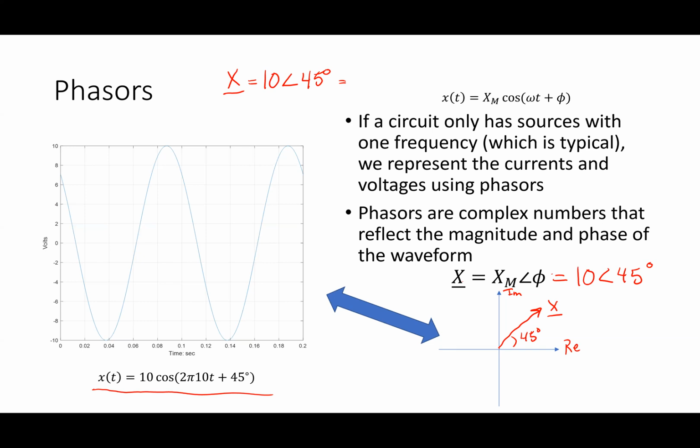Well, you can just say X and Y using R cosine theta and R sine theta. So the real part is 10 cosine 45, and we could work out what those are. Then plus j times 10 sine 45. And Yahoo has introduced j, not i, right? Correct.